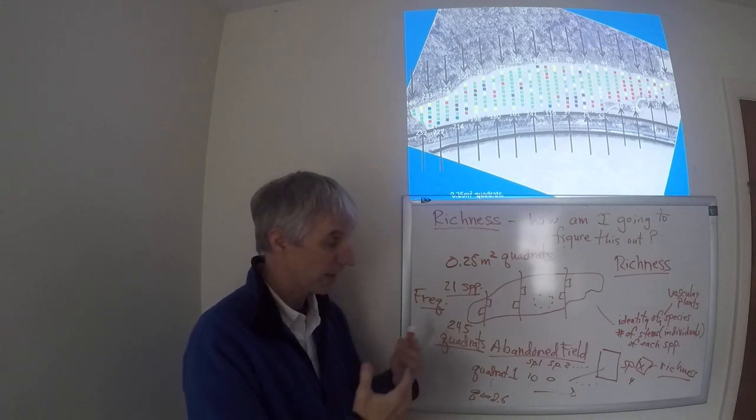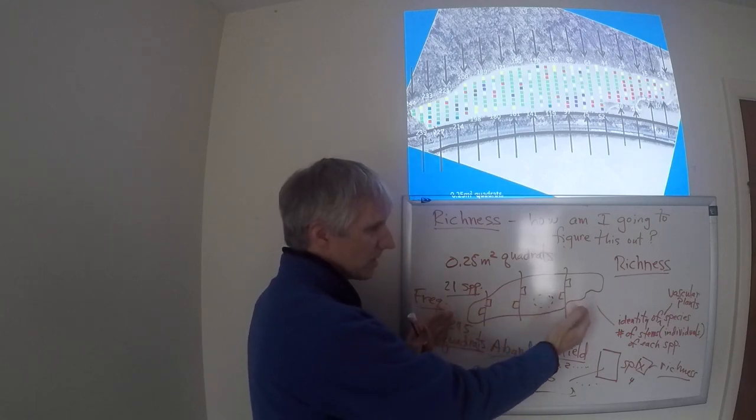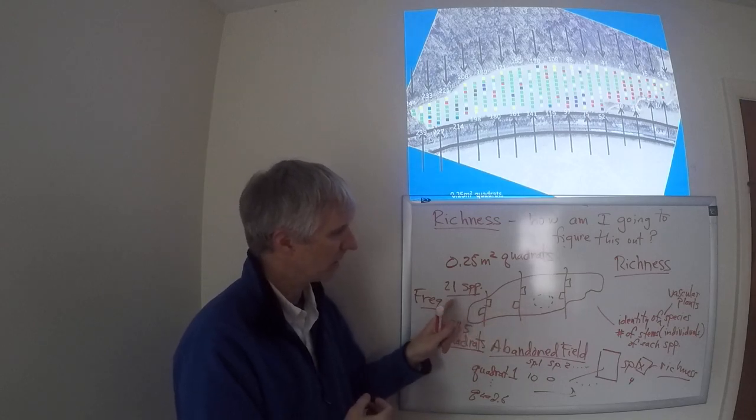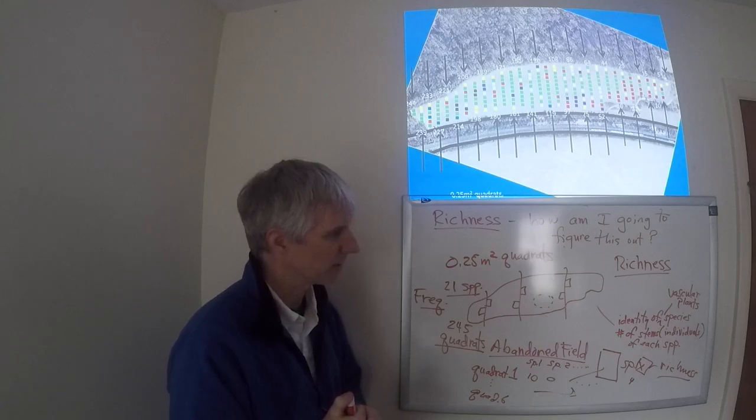On the other hand, if I increase the number of quadrats, I'm likely to begin to pick up these more rare species that aren't as frequent and only occur in certain regions.